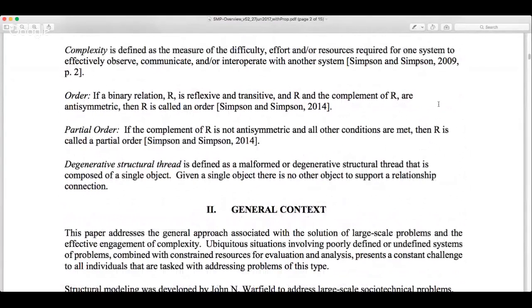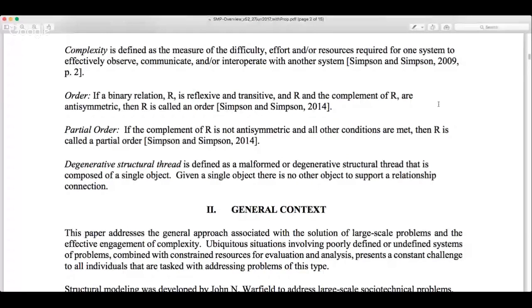And a degenerative structural thread is basically when you're going through an analysis and you're looking at different components, you actually have just a single object in your output from your analysis. It really takes two objects to have a relationship between them, so a single object has no other object to support a relationship connection.